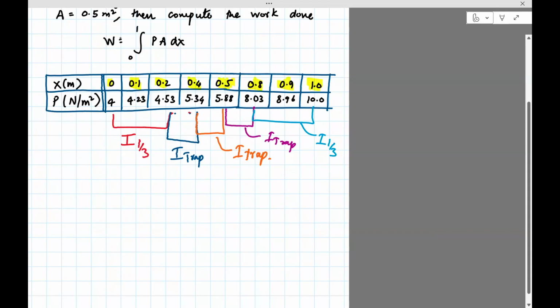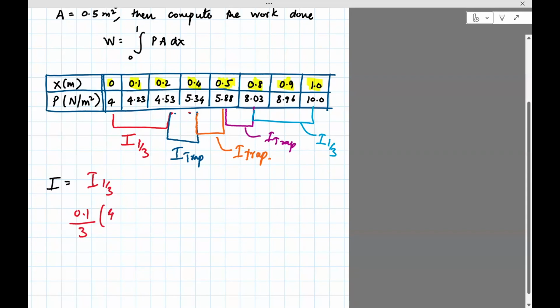So here we have I 1/3, Simpson's 1/3 rule. So delta x, 0.1, divided by 3, times the values at these points.